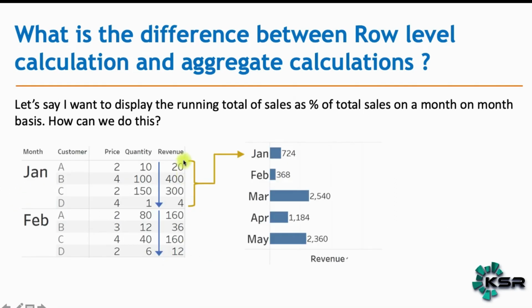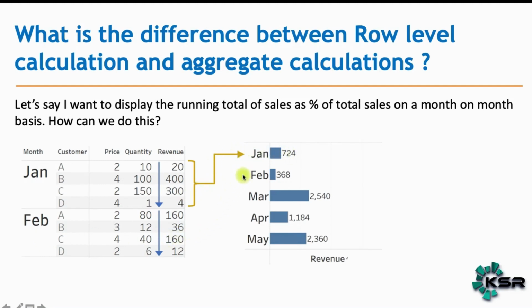So let me show you. Now, this is how we are gonna picturize that at monthly level we want to aggregate the data. So here for Jan month, what it will do, this was row level calculation. Then we'll aggregate all the revenue for this month. So just add like 20 plus 400 plus 300 plus 4, and it will give you 724 over here.